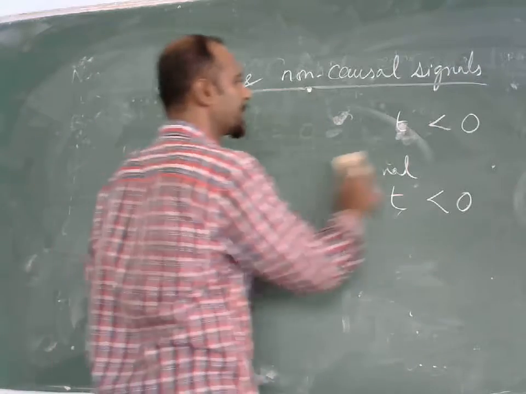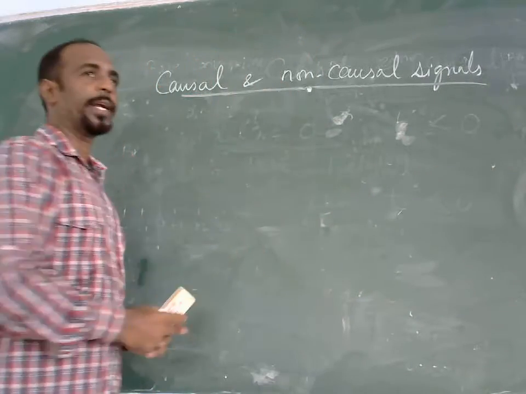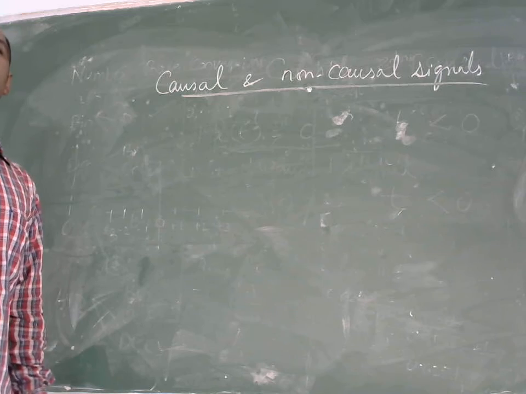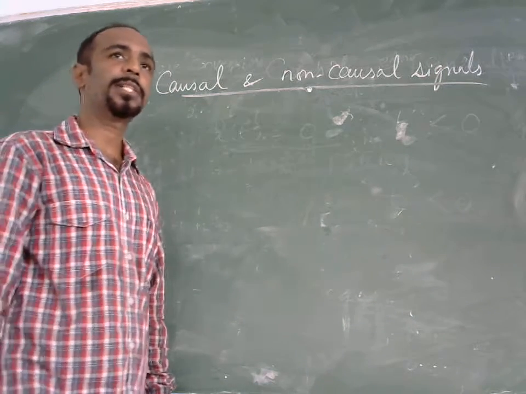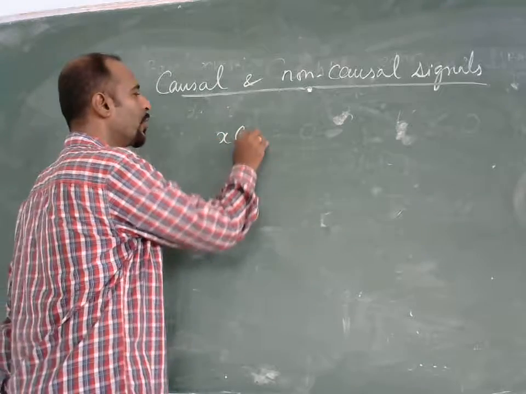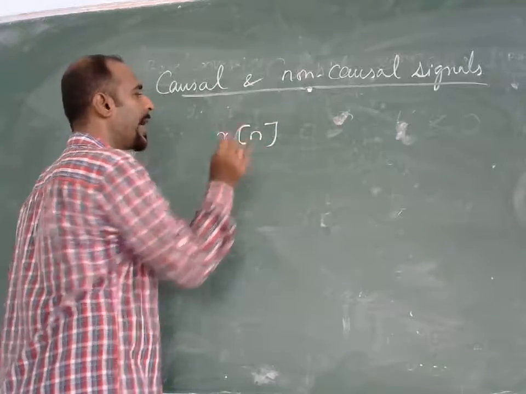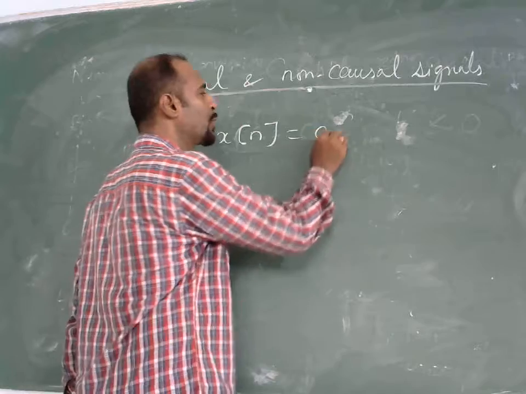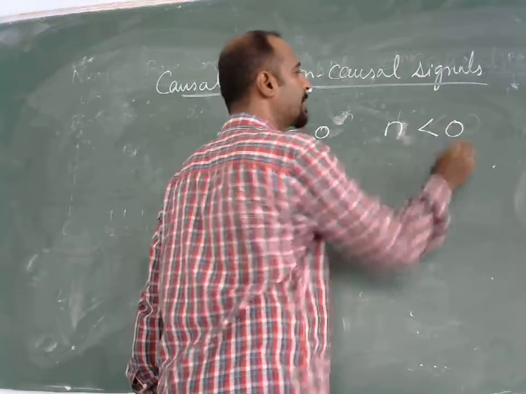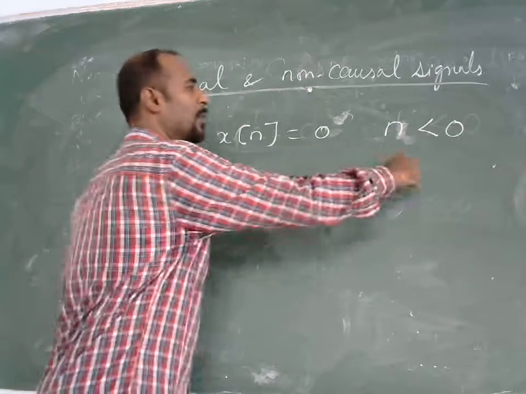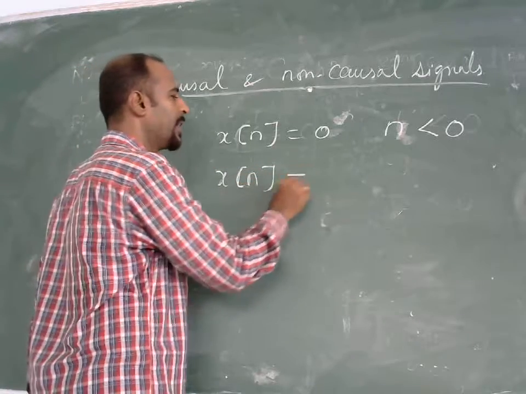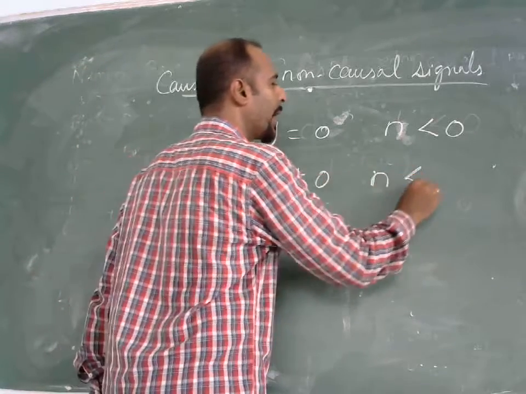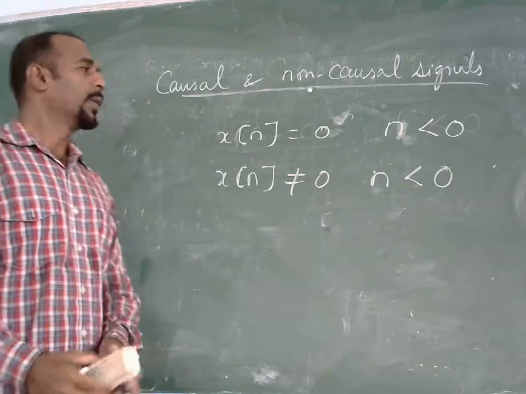Now let us take some examples and find out. Whatever I discussed so far is for the continuous time signal. If you are dealing with the discrete time signal, then we represent it as x of n is equal to 0 for n less than 0. This is causal, and x of n is not equal to 0 for n less than 0 is non-causal.